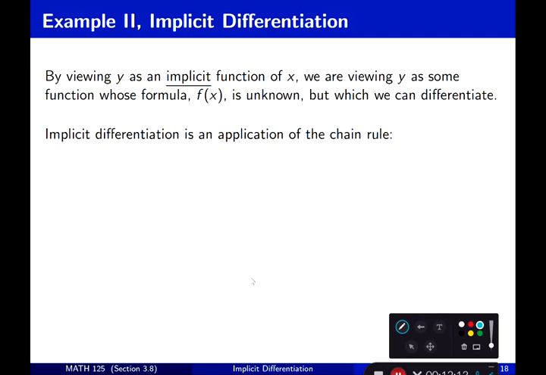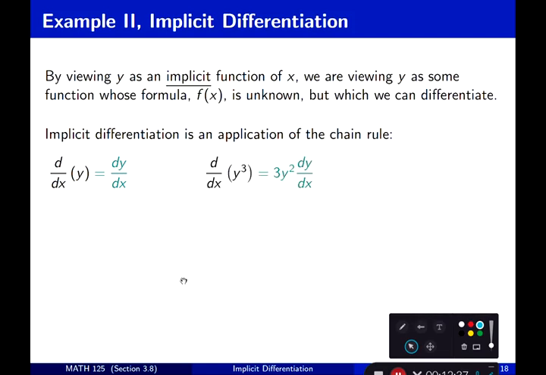So let's remember that every time you take the derivative, for the first few times until you become more familiar with it. When you say the derivative with respect to x of y, that's dy dx.